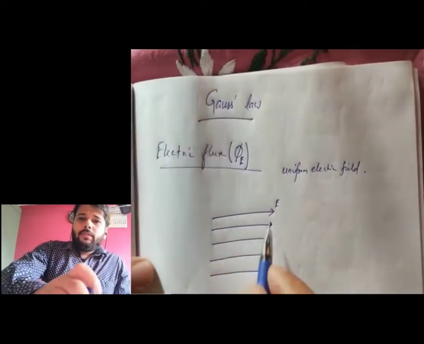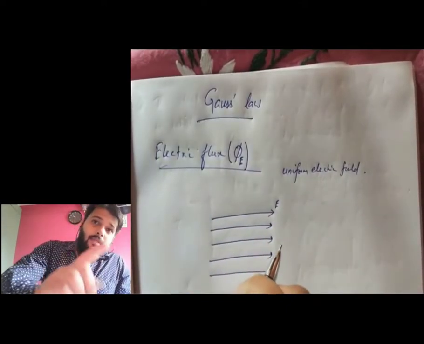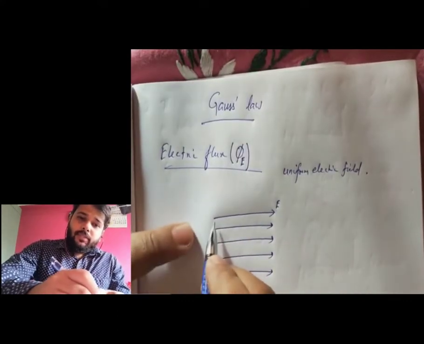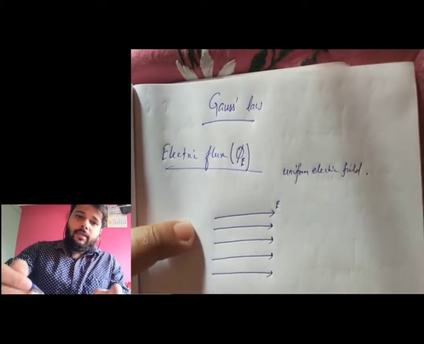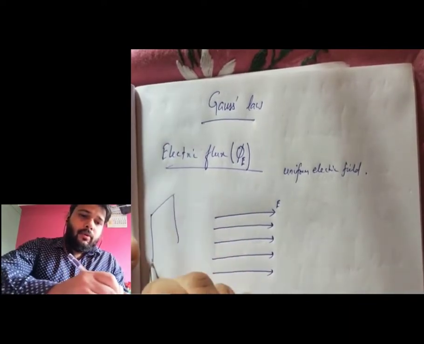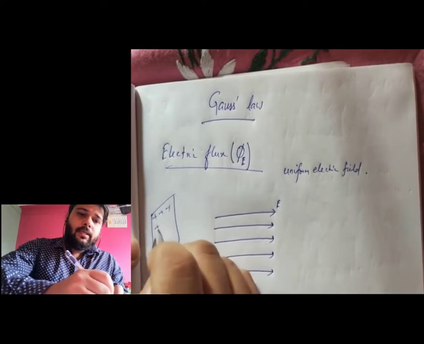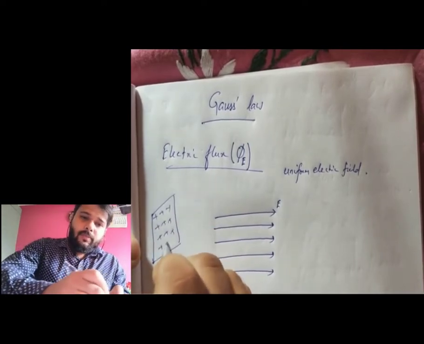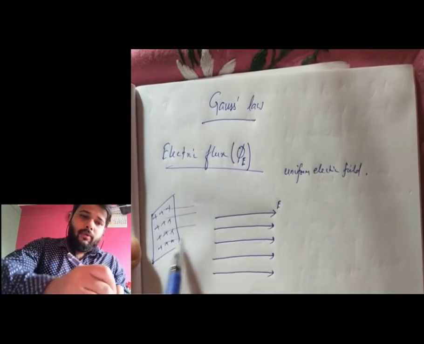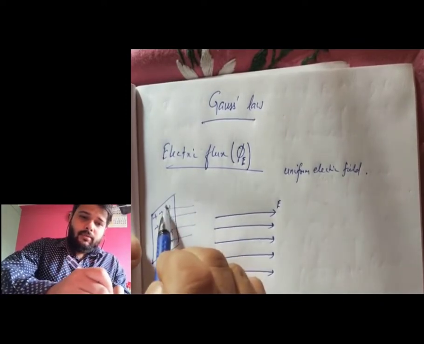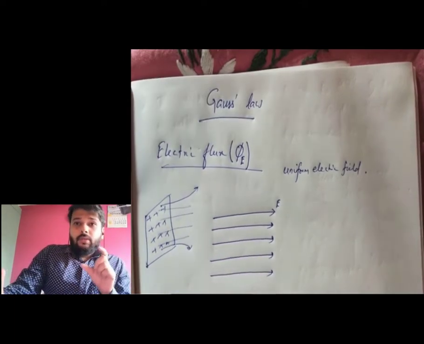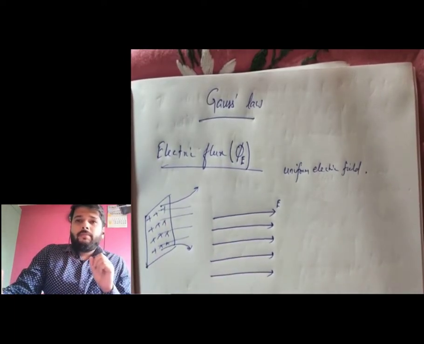How can we produce this electric field? We have already learned in the previous class that to produce an electric field which is parallel, meaning a uniform electric field, there must be a plane charge, because when we keep a plane charge, the electric field which emanates from it is always parallel. At the ends, it curves like this, because transversely electric field lines repel each other.